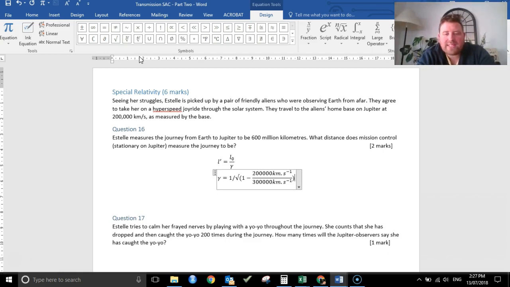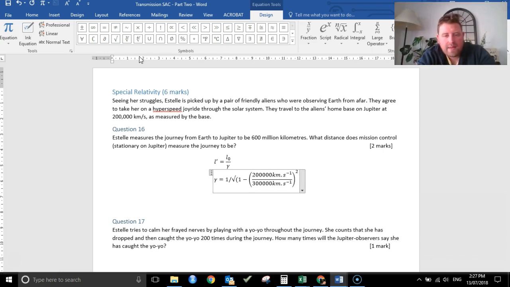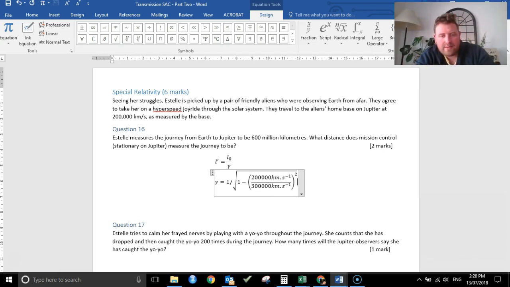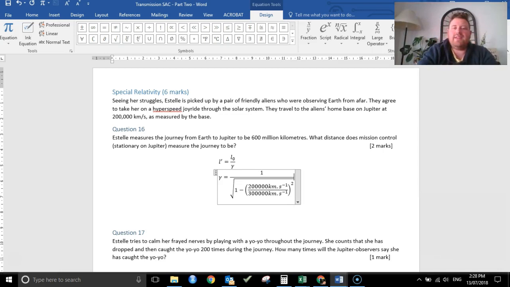And then all of that is squared. It's v squared over c squared, not just v over c. And a few people forgot to square, which was a little bit unfortunate. Tiny little mistake can cost you there. And it looks really ugly like that.